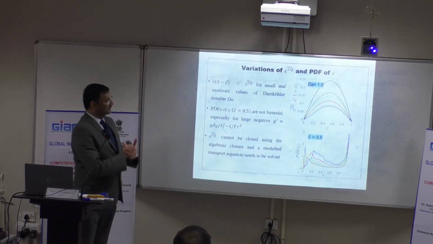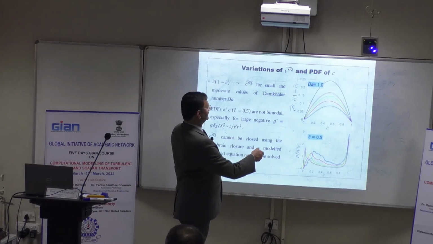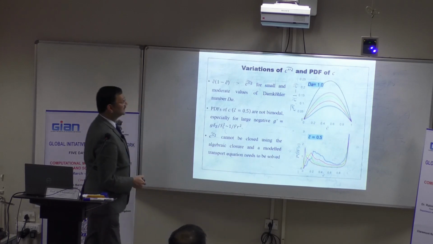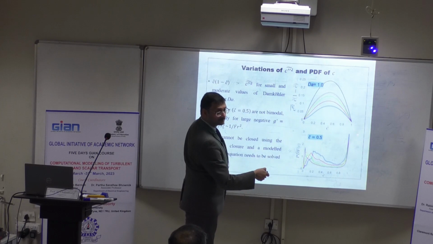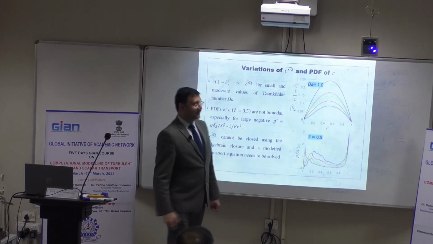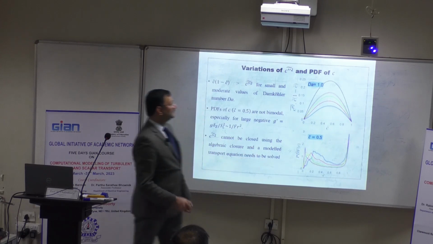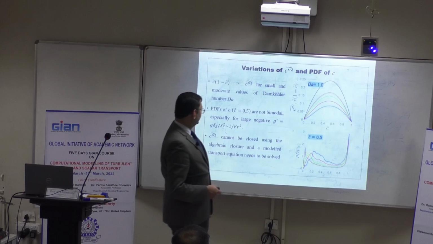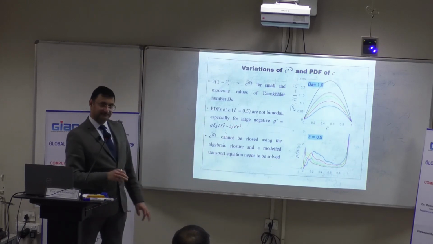What really happens? This is C tilde times 1 minus C tilde. This line, the black line, and these are essentially the values of C variance for different flames subjected to different buoyancy effects.